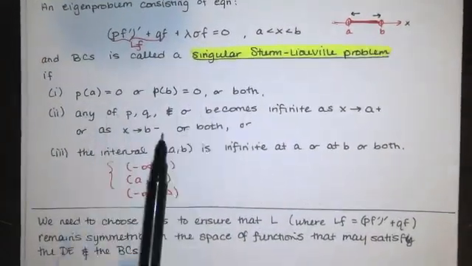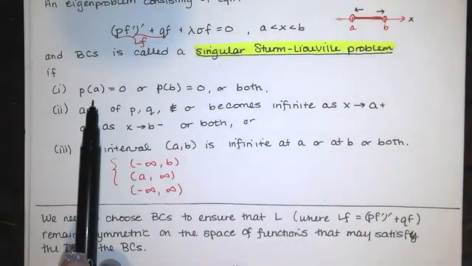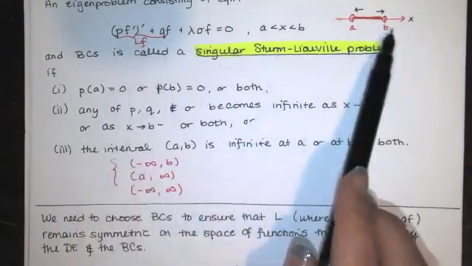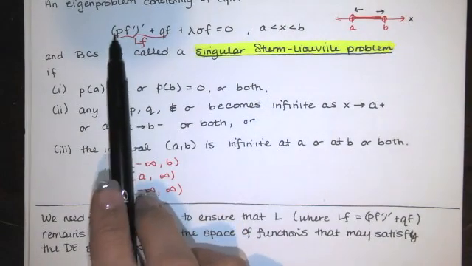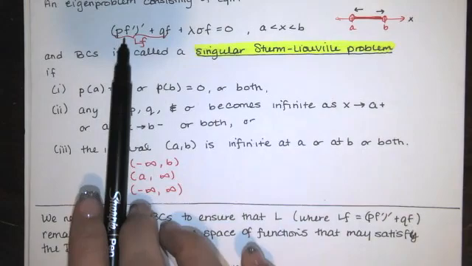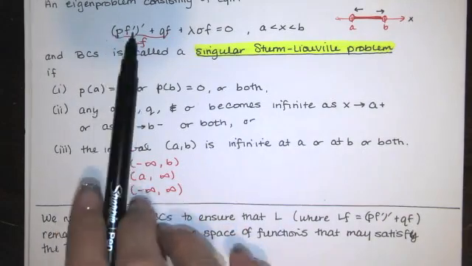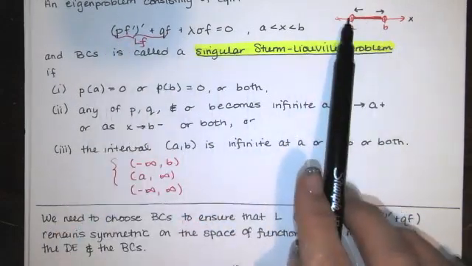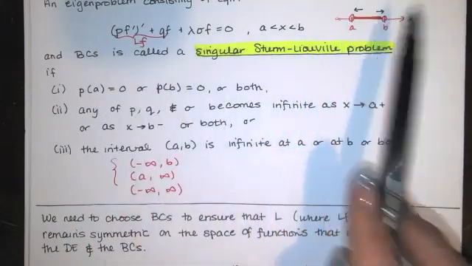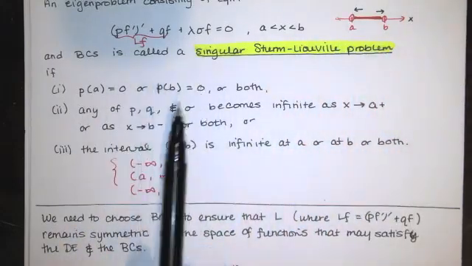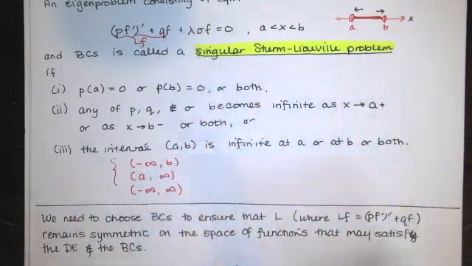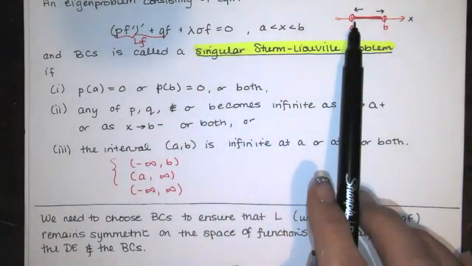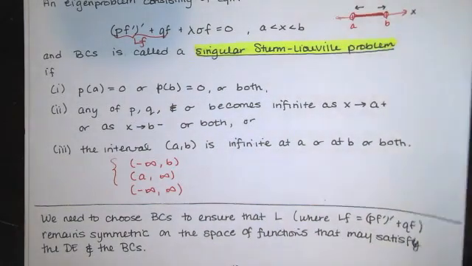Or if we have one of these other issues where P of A is 0 or P of B is 0, so we have a 0 multiplying that F prime before we take the derivative at the left endpoint or the right endpoint. If they're 0, or if any one of these functions, P, Q, or sigma, blows up, meaning it goes to positive or negative infinity as we approach the left endpoint or right endpoint.